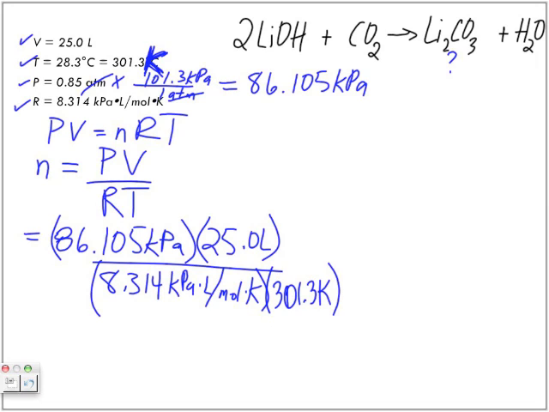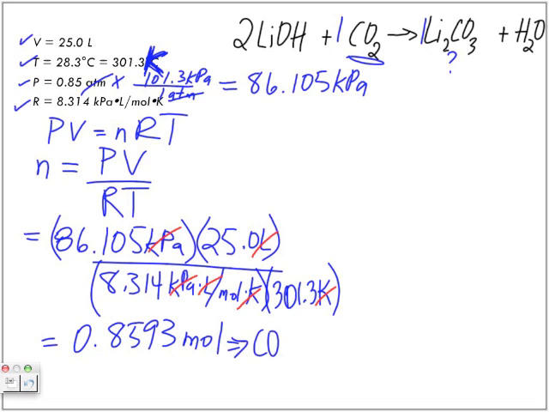So notice here, Kelvin cancel out, liters, kilopascals, and I'm left with moles. So the number of moles that I've calculated is 0.8593 moles. Now, this is the actual number of moles of the carbon dioxide, but because it's a 1-to-1 ratio, we know that this is good for both carbon dioxide and the lithium carbonate.